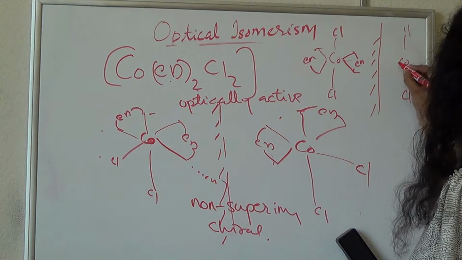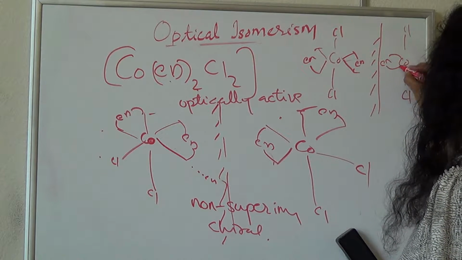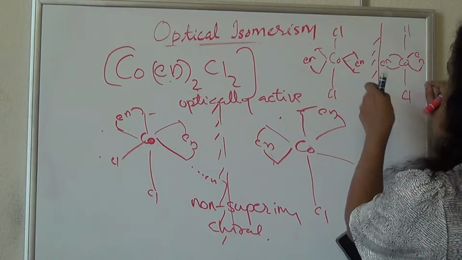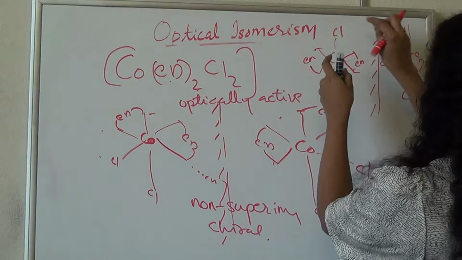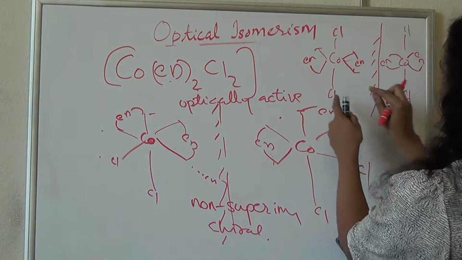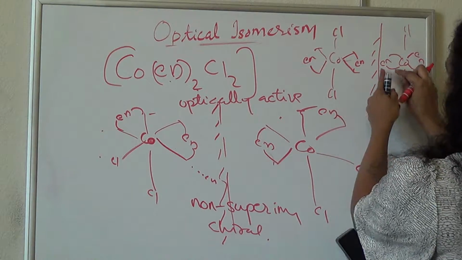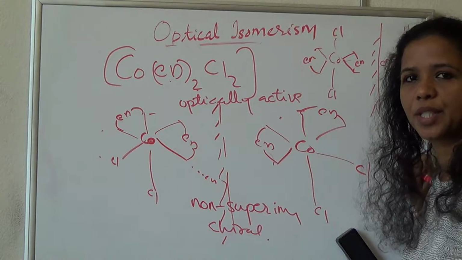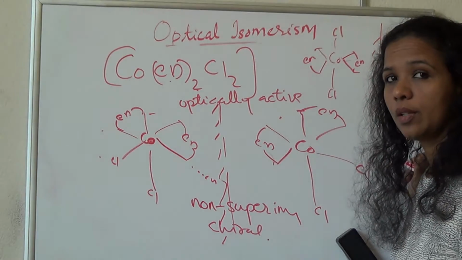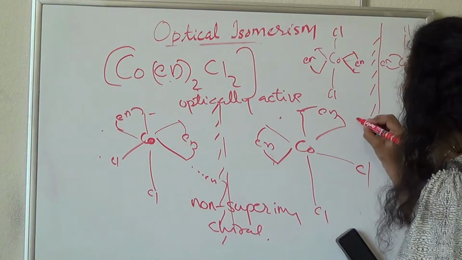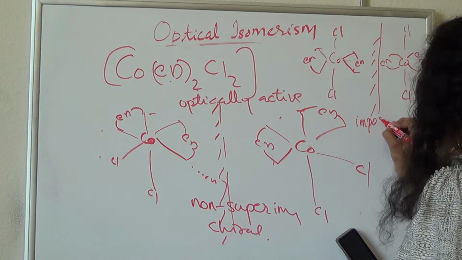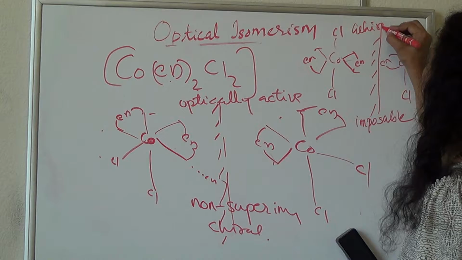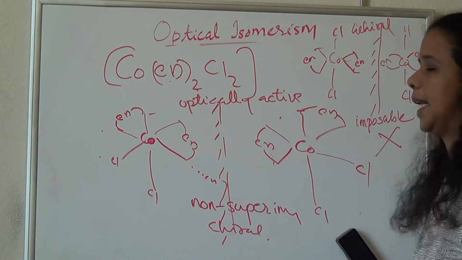If you take this and keep it on this, Cl will coincide with Cl, and en will coincide with en. That means they are superimposable and the mirror image is identical. So they are achiral. It is not optically active.